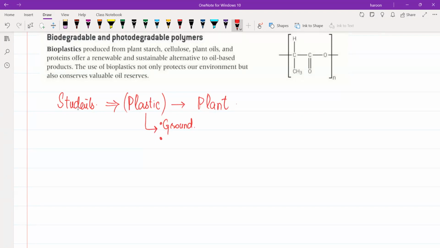So the micronutrients and macronutrients in the earth are also increased when we dump this type of green plastic on the land.